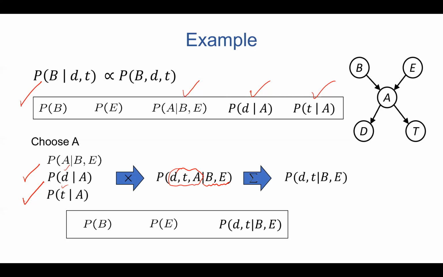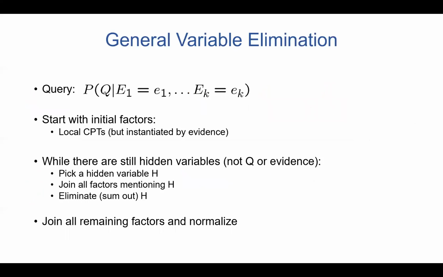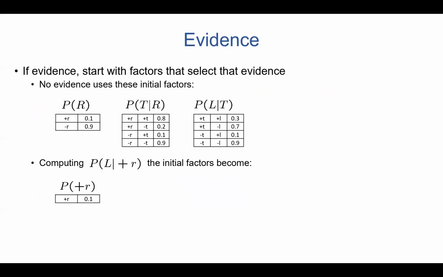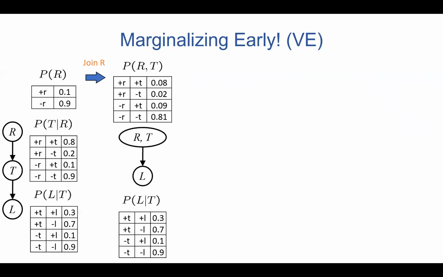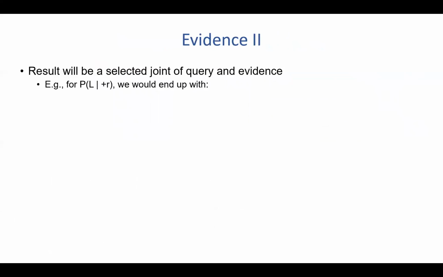So we do the join P of B, P of E, and then, according to this operation, we sum out over A, because we have picked A, and we get this new joint probability distribution, P of D, T given B and E, because we have summed out A from our joint distribution. So we joined all the 3 conditional probabilities.